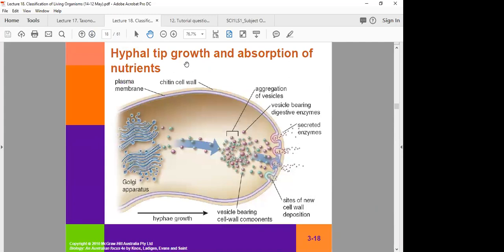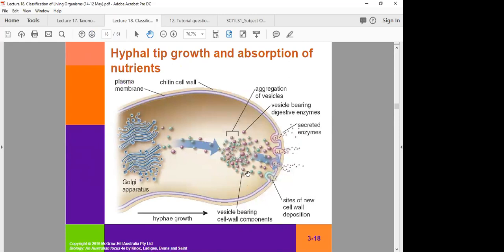All right, let's look at hyphal tip growth and absorption of nutrients. All right, so at the very tip of a hypha, we can see some of the organelles, Golgi apparatus, and all those little vesicles that are budding off from the Golgi. Two major types of vesicles are pictured here. These little green ones are carrying cell wall components.